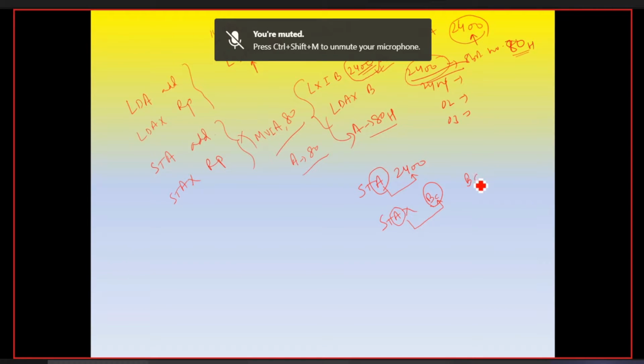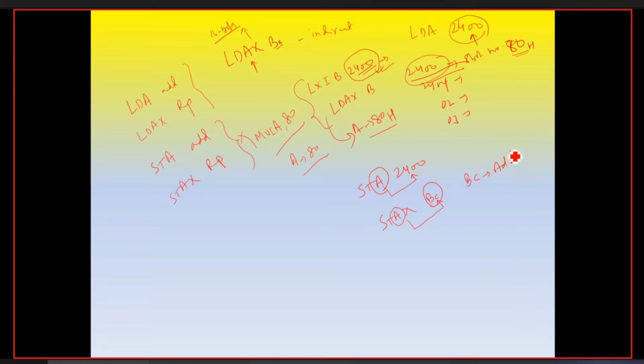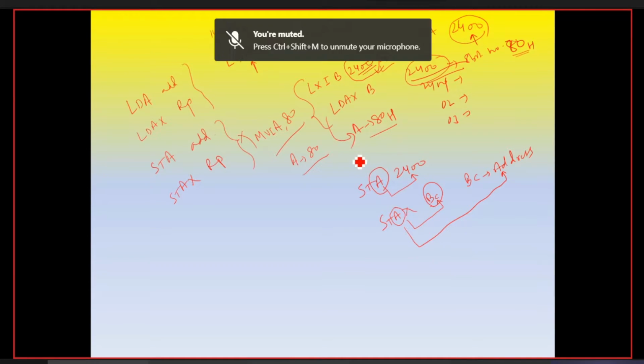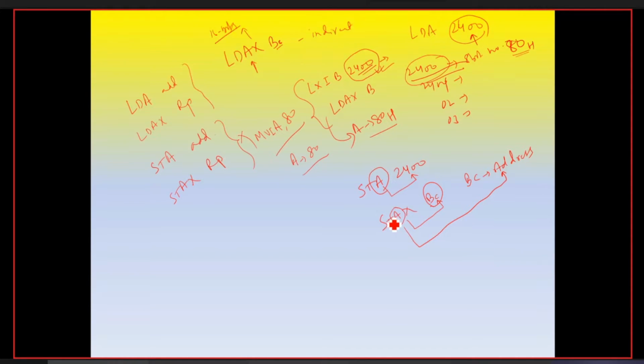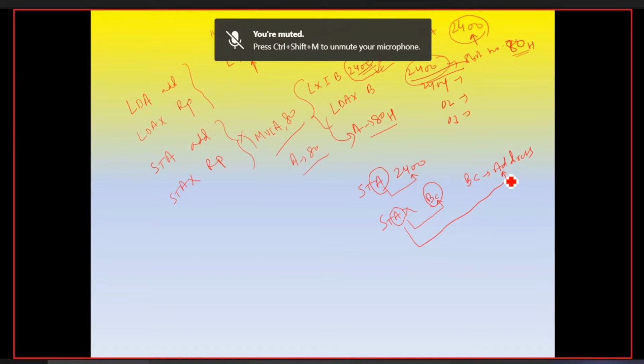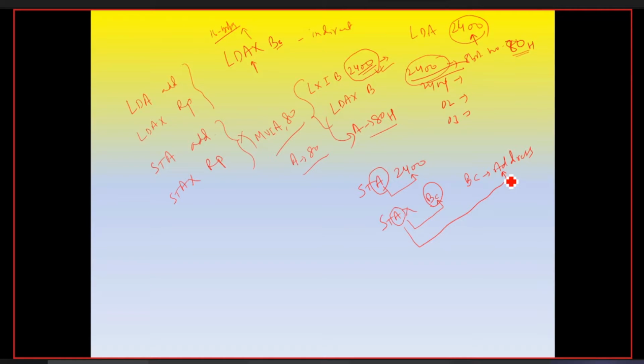The register pair BC में जो address है, at this address the content of the accumulator will move. So don't confuse with the address. For execution of LDA or STA, LDAX, STAX, we are talking about the content of that address.